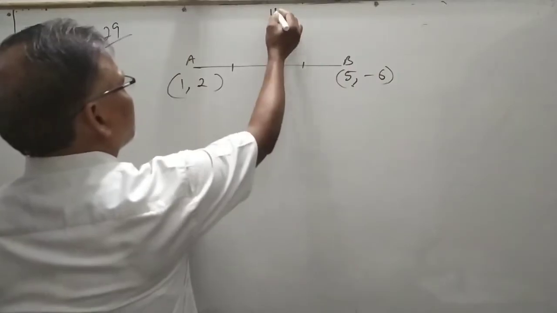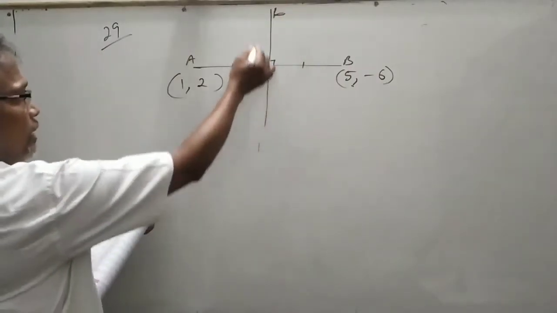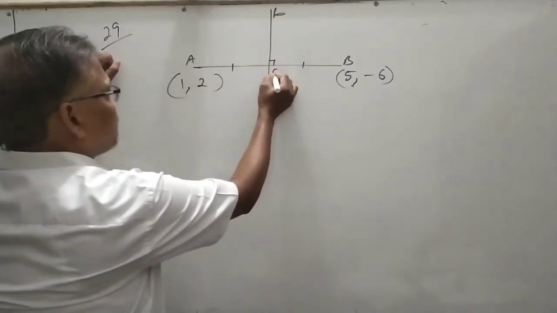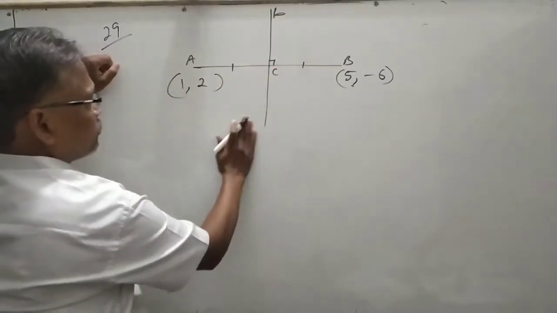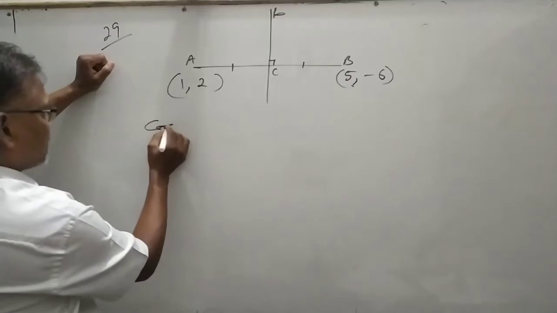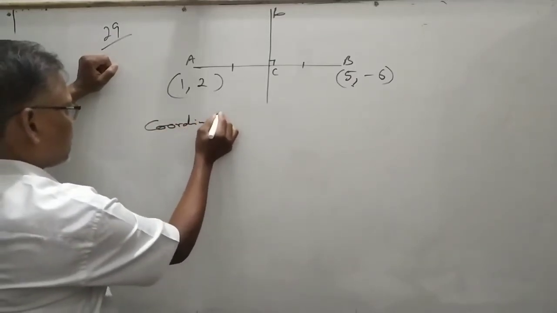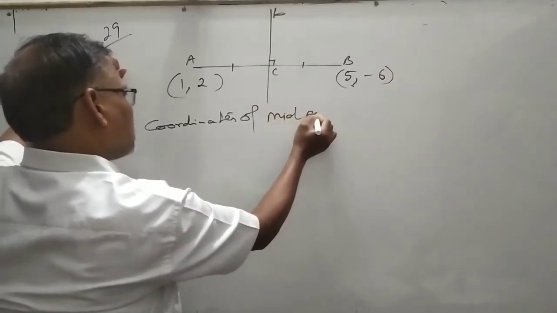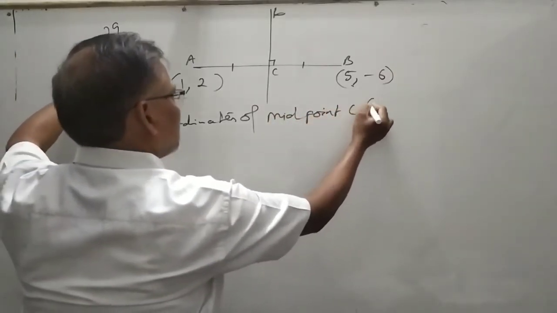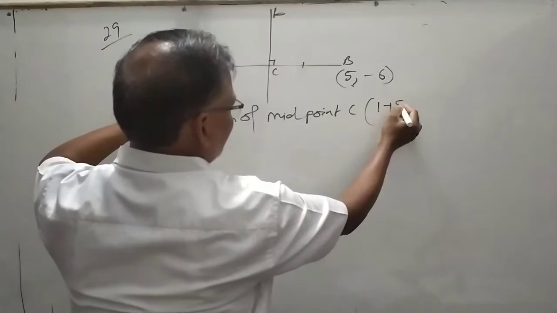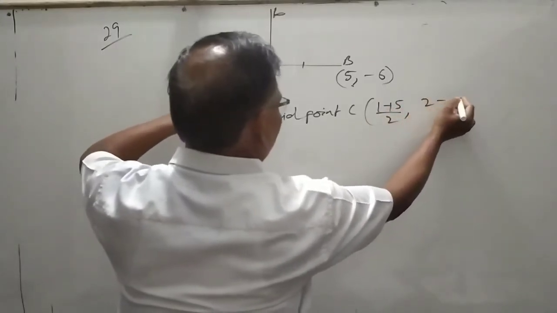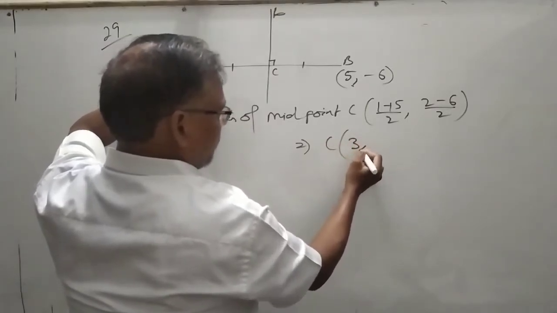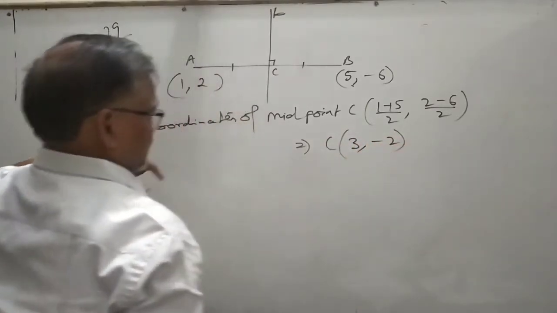You have to find the equation of this line L. How to find it? If it is a right bisector, then this point is the midpoint. So find the coordinates of midpoint C: 1 plus 5 by 2 comma 2 minus 6 by 2. So this is equal to 3 comma minus 2.